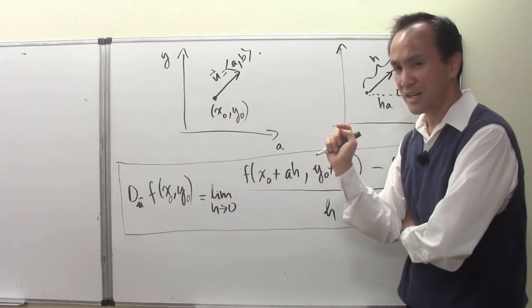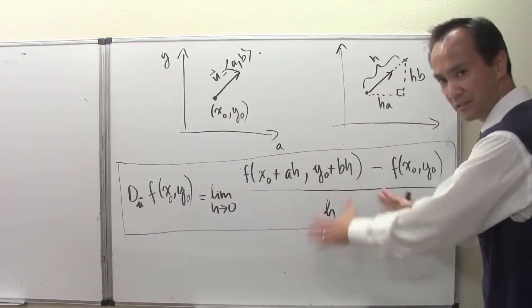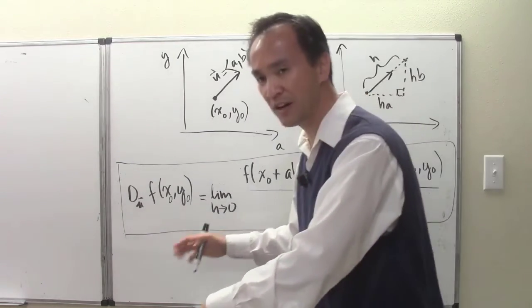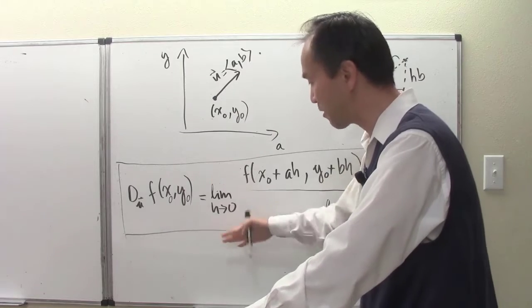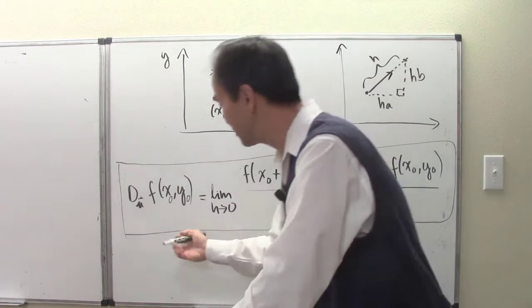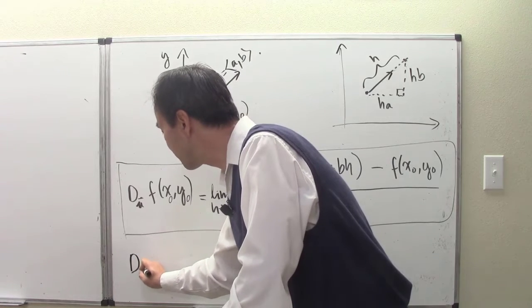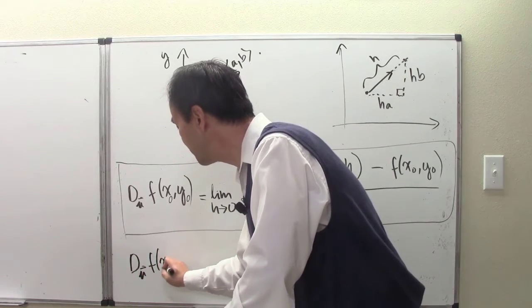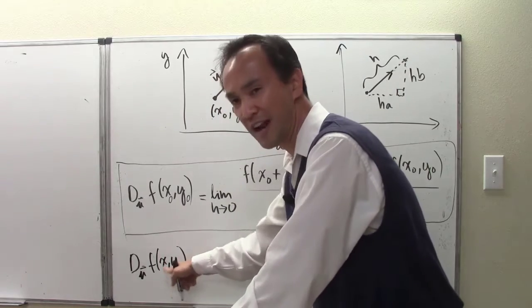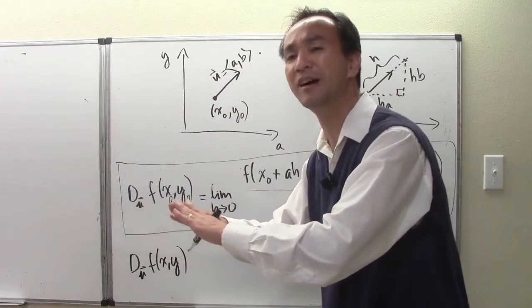But now we want to extend this limit process into a more general one: a directional derivative for any function at any point x, y, no longer x0, y0. We want to come out with some general rule.